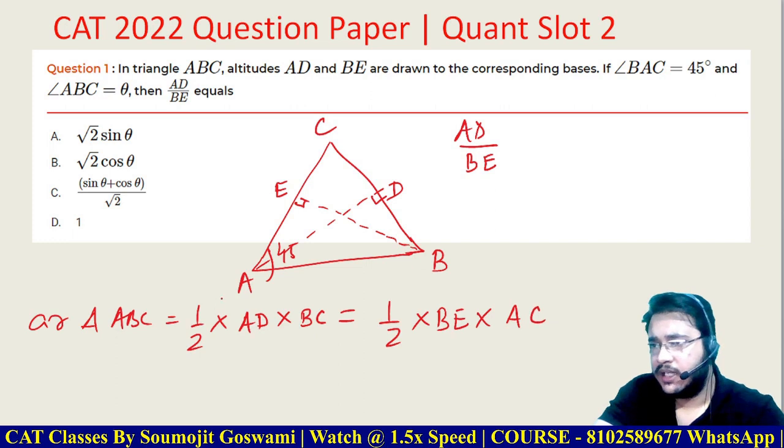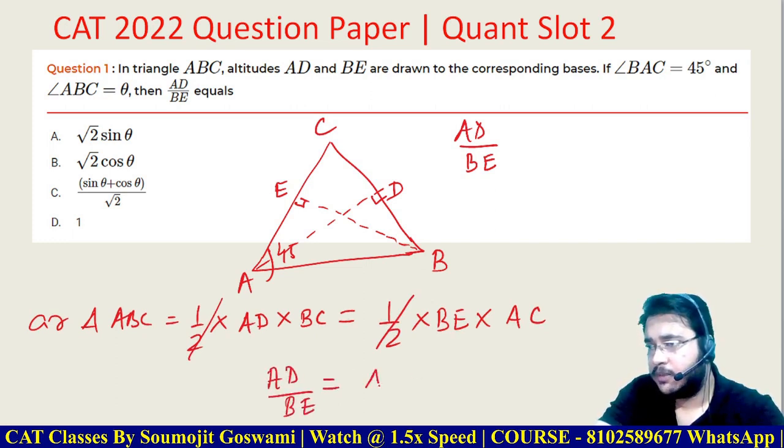Now, half and half will cancel out each other. AD by BE is now coming out to be AC upon BC.